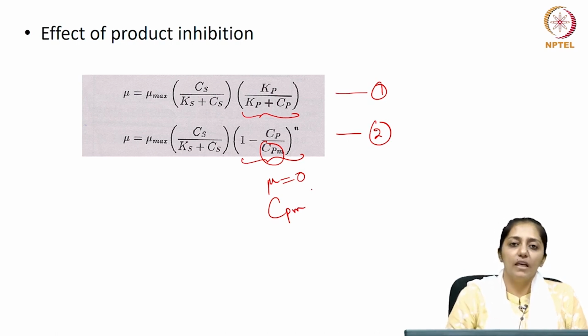So, as you see in your batch kinetics, according to the behavior of the culture in the presence of a substrate or a product, you should adopt a mathematical equation to demonstrate its effect on specific growth rate.